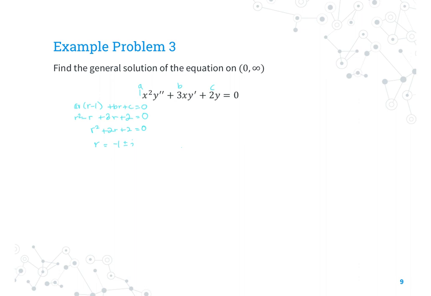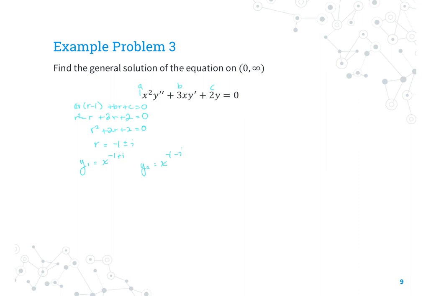So when we plug it back in, we end up finding out that we have y1 equaling x to the -1 plus i, and y2 is going to equal x to the -1 minus i. Well, we can't really use Euler's formula, that we used when it was e to the alpha plus or minus beta t. What we can do, though, is we can make a substitution.